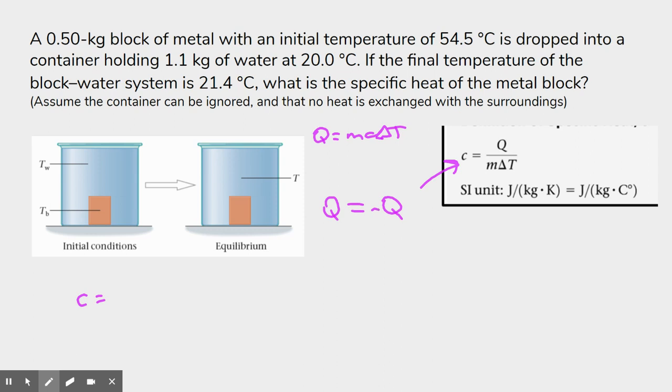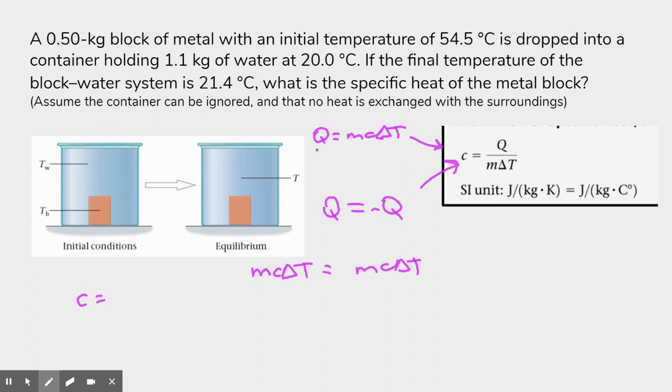Q equals MC delta T. So I just rearranged this equation, and we can go ahead and replace the Q's with the equation. So all I did was take my Q and put MC delta T instead of Q. Again, one of these is absorbing heat and the other is releasing it.